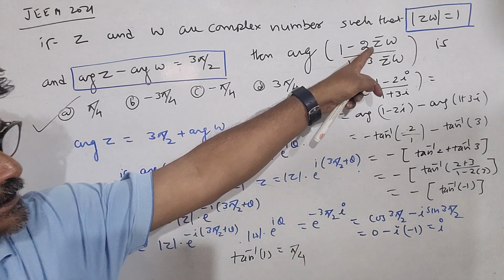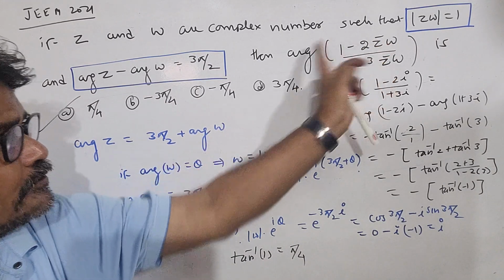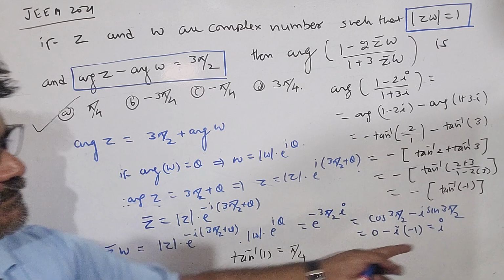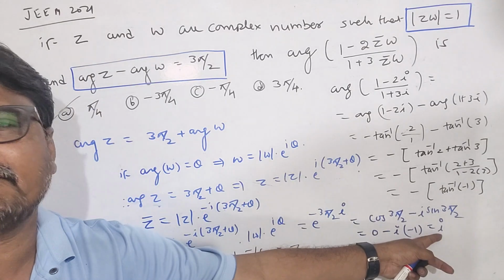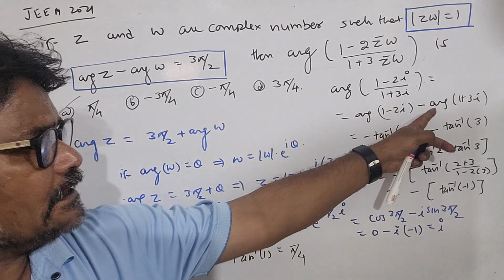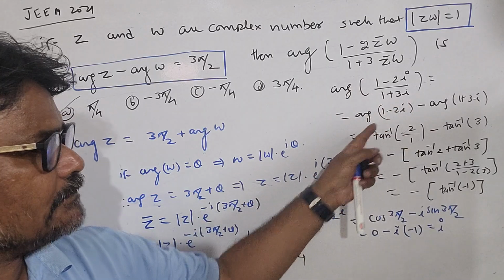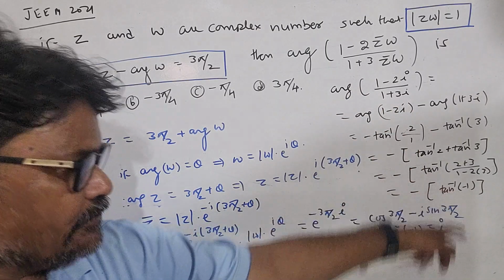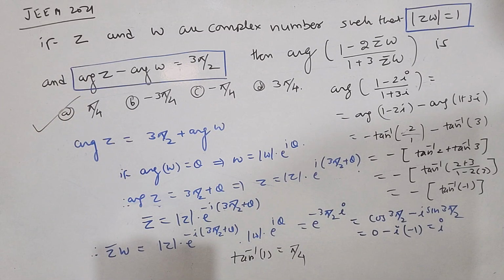Now we have Z conjugate into W in the question, so just find Z conjugate into W. That comes to be the very simple imaginary number iota, and there we can use the properties of argument again, find the argument, and then you come to the inverse trigonometric function.